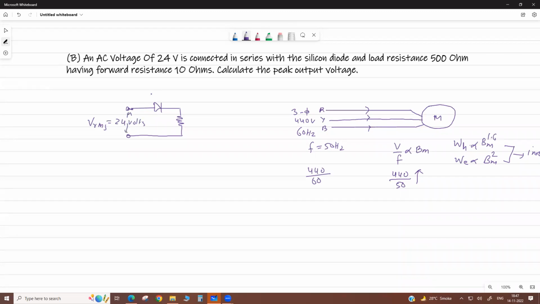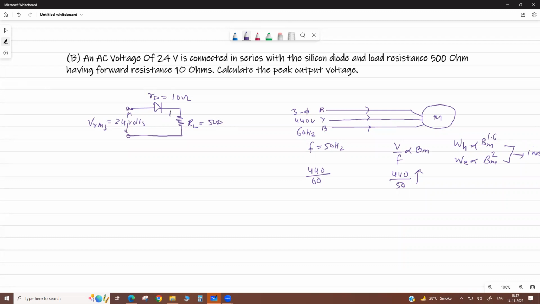Here, the diode resistance in forward condition is 10 ohm. Load resistance is 500 ohm.